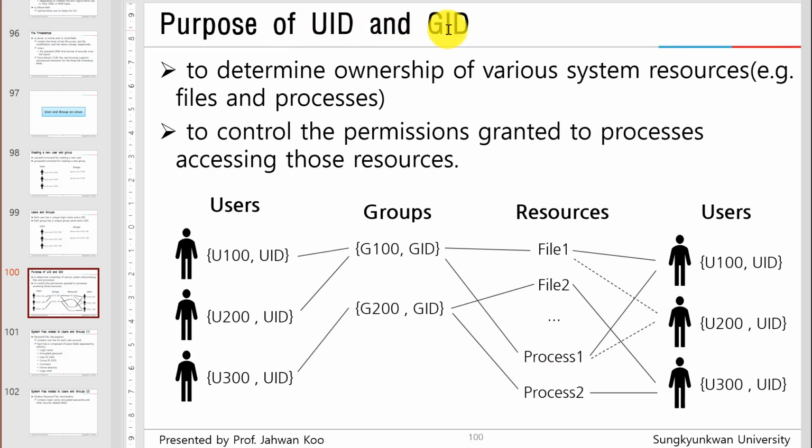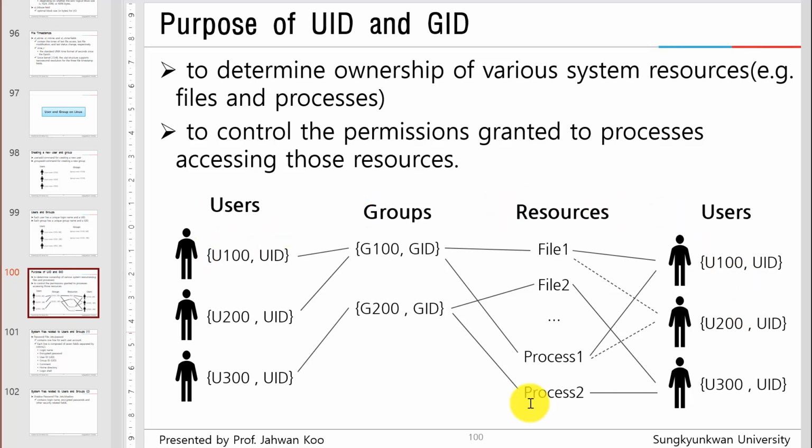The purpose of UID and GID is to determine ownership of various system resources, for example, files and processes, and to control the permissions granted to process accessing those resources. Each file belongs to a particular user and group. Each process belongs to a particular user and group.